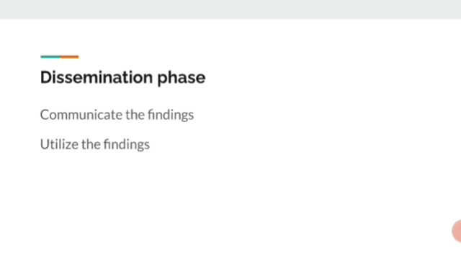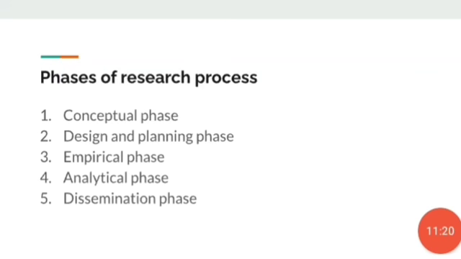If something is applicable, then of course you should use it in practical applications. So these are all the 5 phases in the research process: conceptual phase, design and planning phase, empirical phase, analytical phase, and dissemination phase.